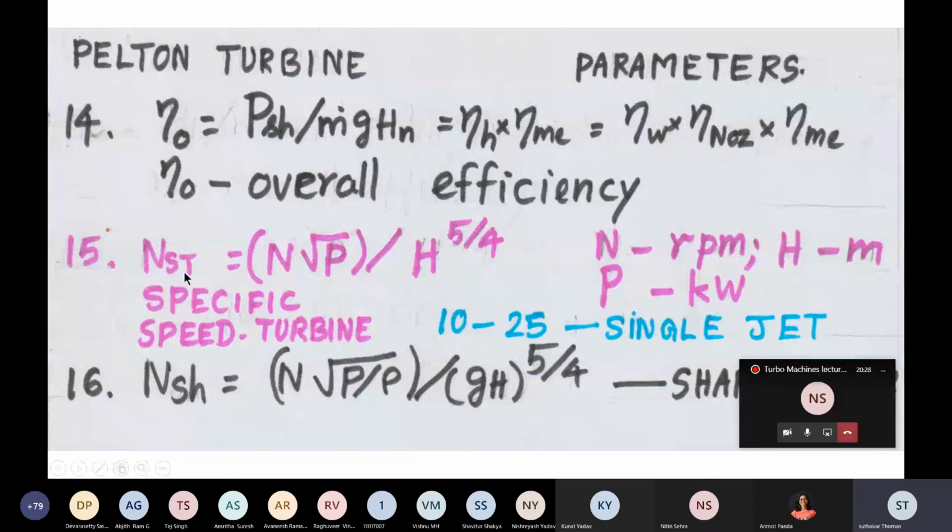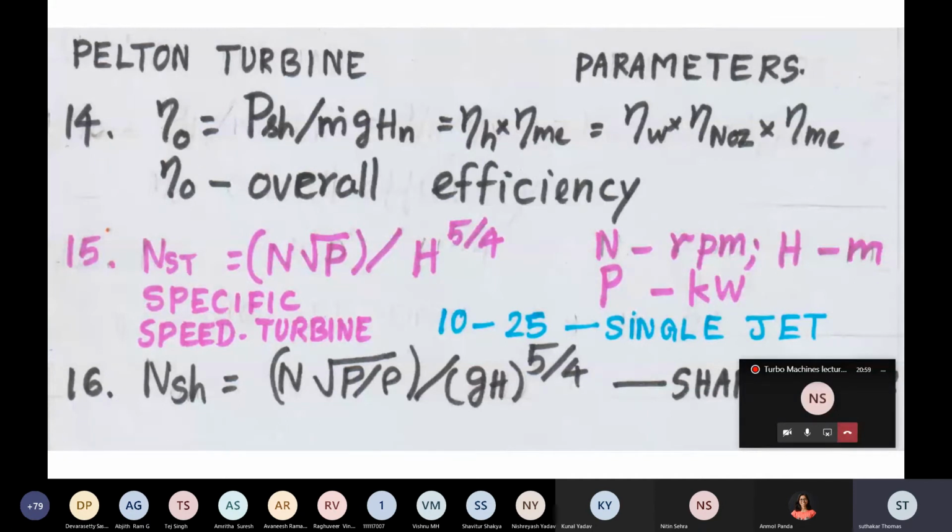Okay, next is the specific speed. Already we had seen the specific speed for a pump. So for a turbine, now if you recall, the dimensional analysis was done for the fluid turbomachine. We derived some 3 basic parameters.